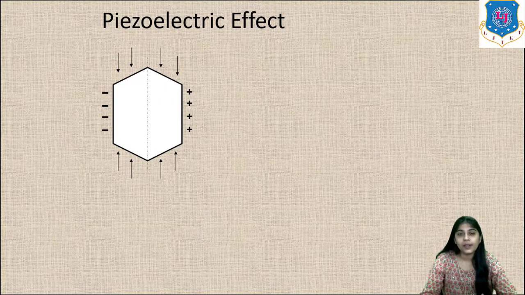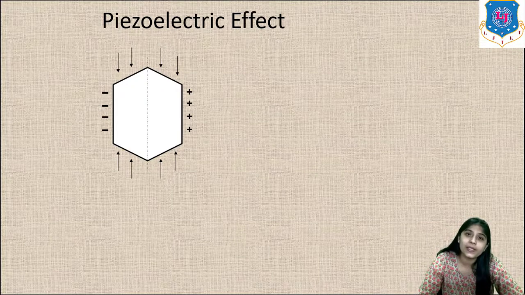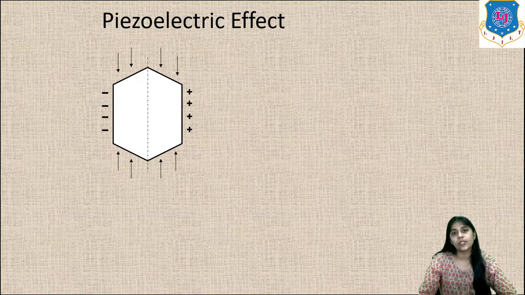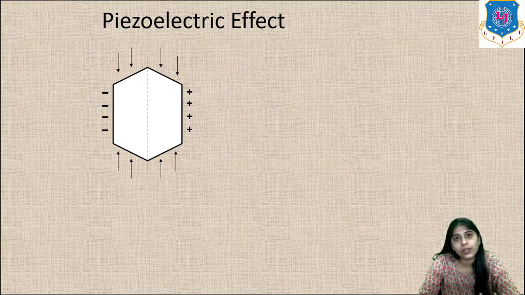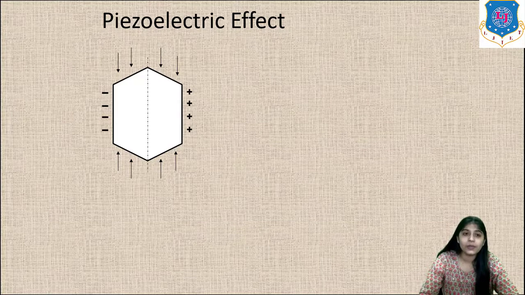All these are examples of hexagonal crystal. So when pressure is applied on one face, equal and opposite charges are accumulated on the other faces of the crystal. This effect is known as the piezoelectric effect.